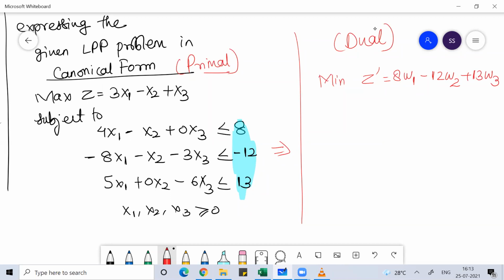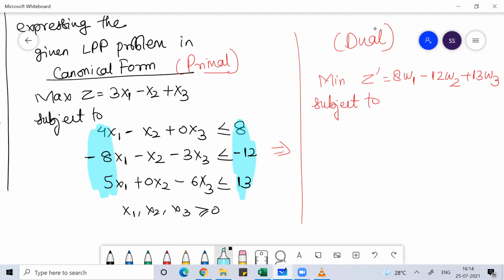Subject to the constraints. Now, while writing the constraints of the dual, see the transpose of the coefficients of the variables which all belong to x1.